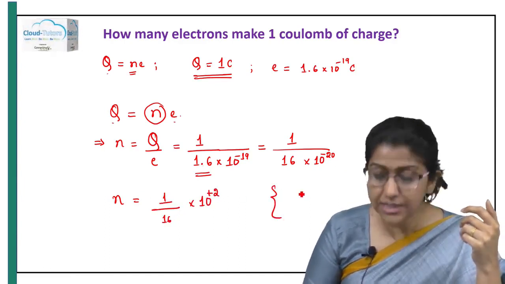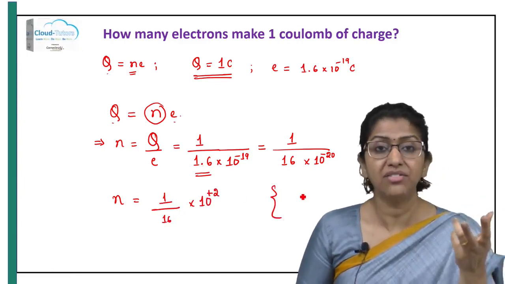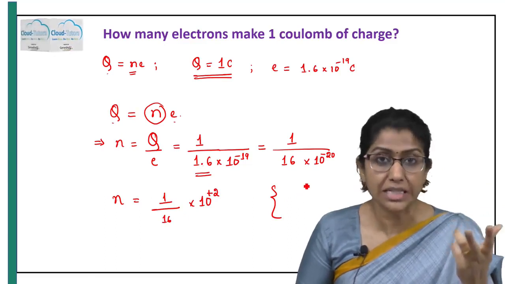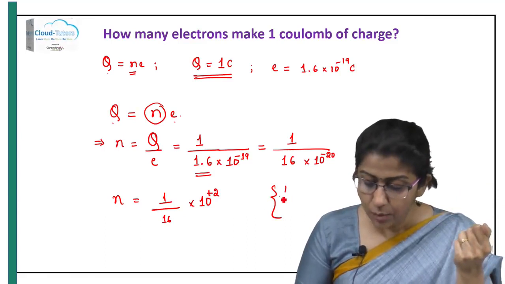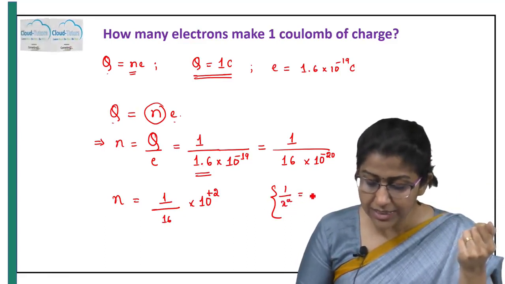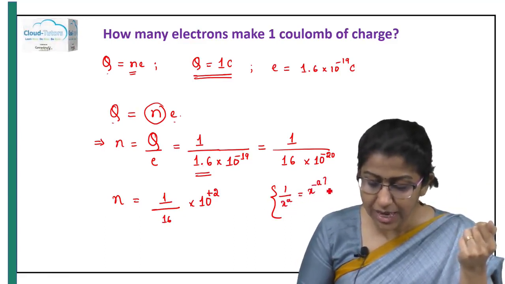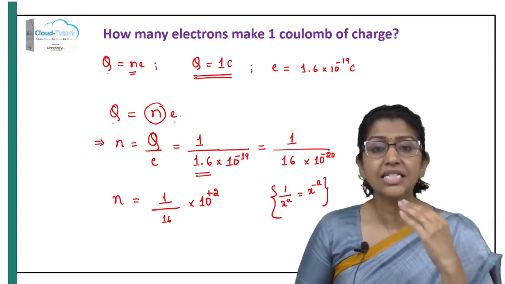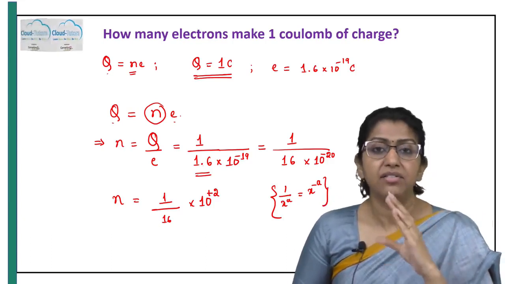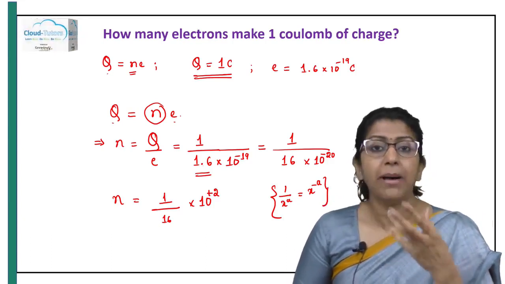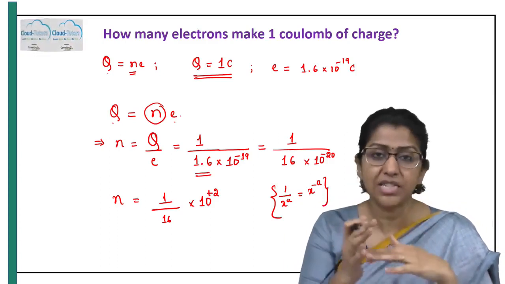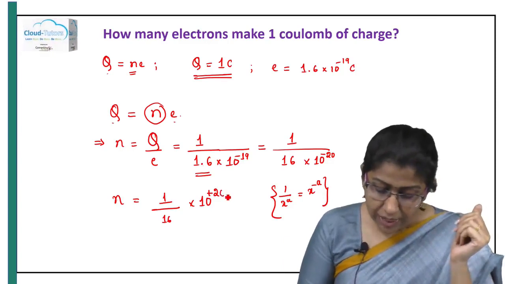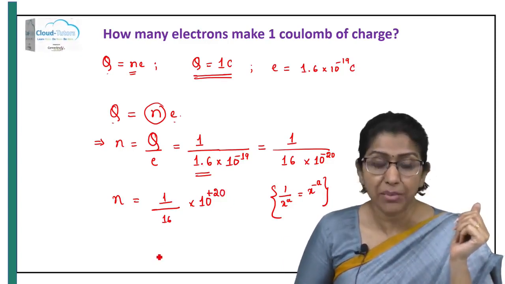This is a formula you might have learnt in your exponents chapter in mathematics: 1 divided by x raised to a is equal to x raised to minus a. When you send a digit with a power to the numerator, the power becomes negative, or vice versa. So now I have plus 20 as the power of 10.